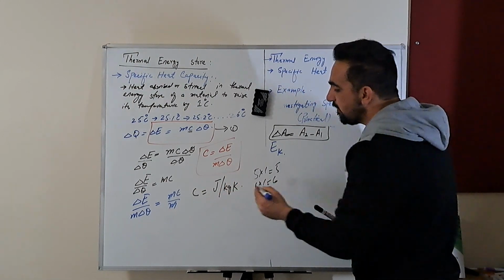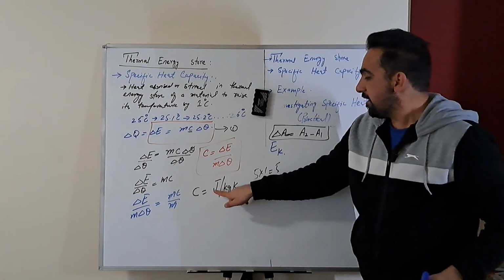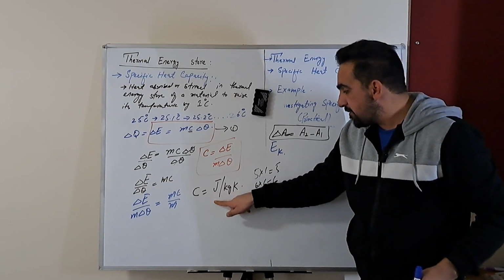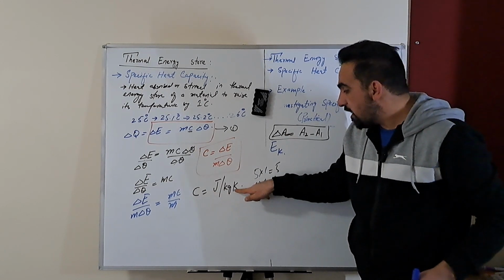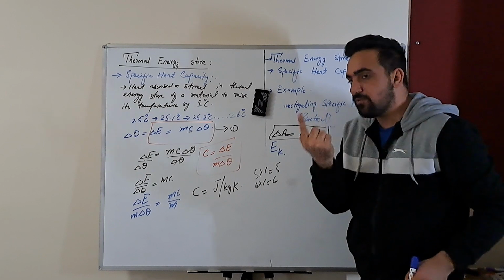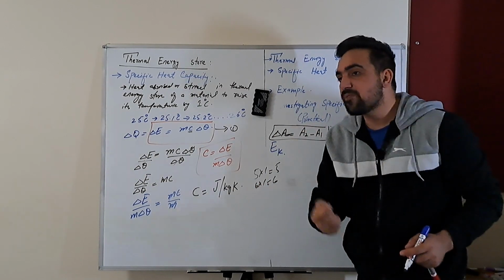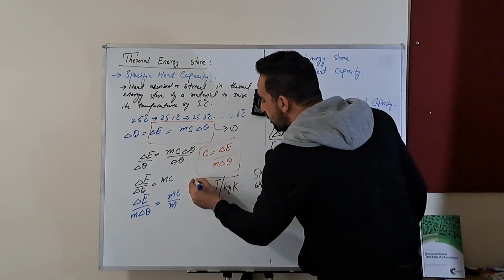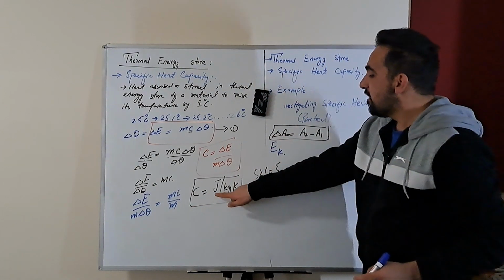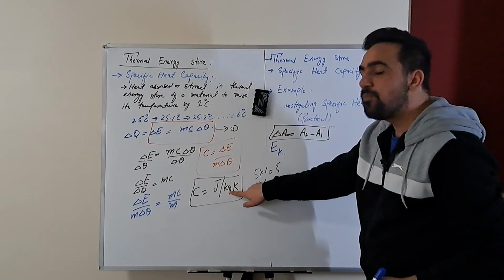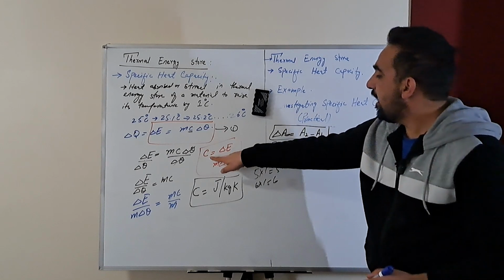So from the units we can see that the amount of energy absorbed by 1 kilogram to raise the temperature by 1 Kelvin or 1 degree is called specific heat capacity. So the unit of c is joule per kilogram per Kelvin.